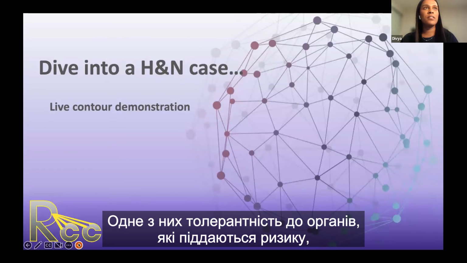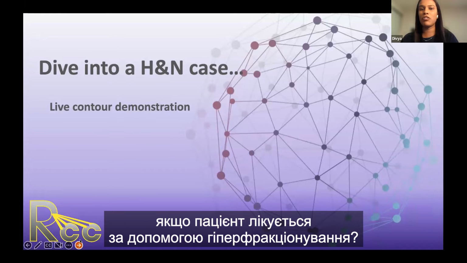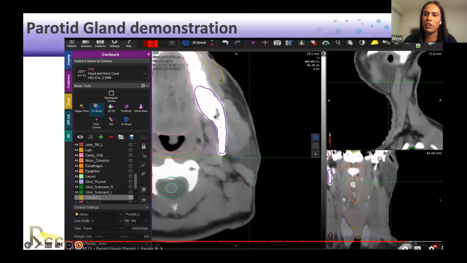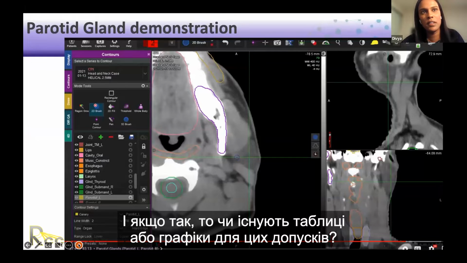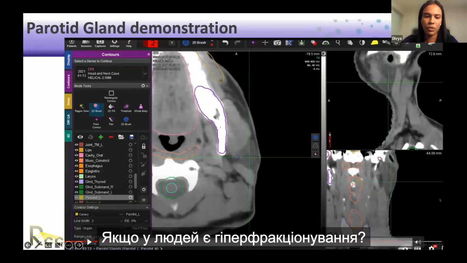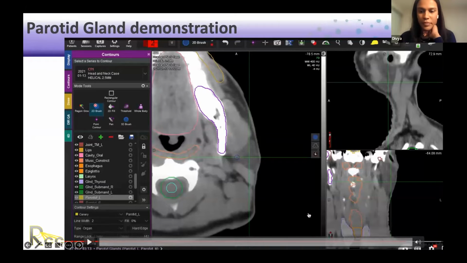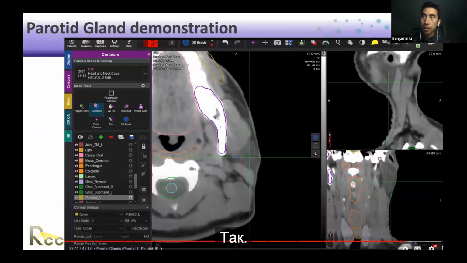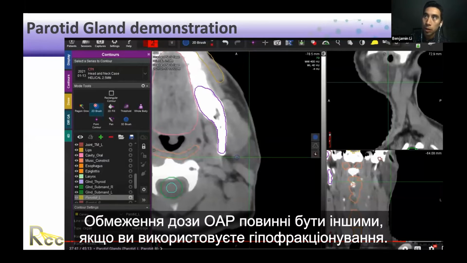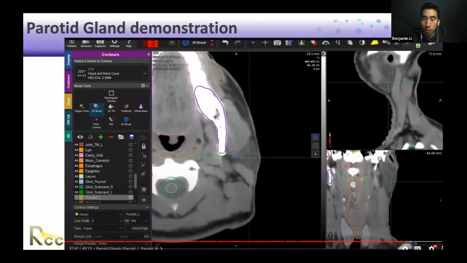One of them is: is the tolerance for organs at risk changed if the patient is treated with hyperfractionation? And if so, are there tables or charts for these dose tolerances? Yes. The OAR dose constraints should be different if you're using hypofractionation.